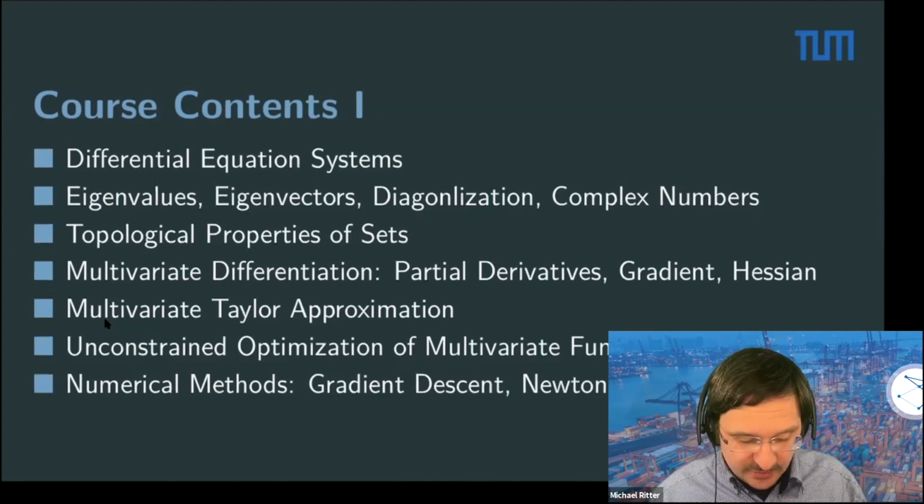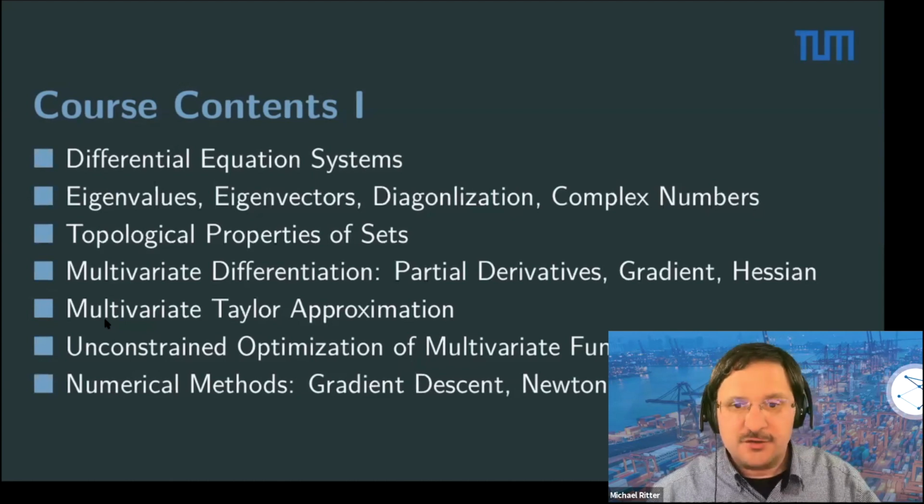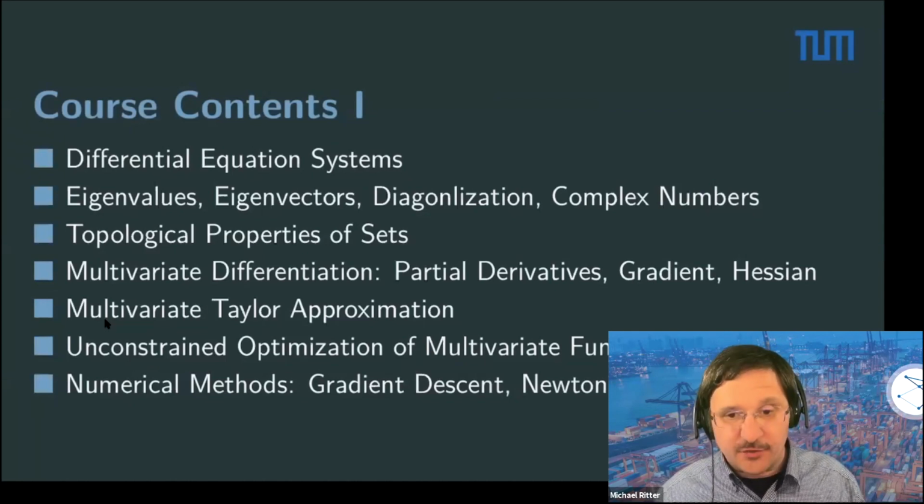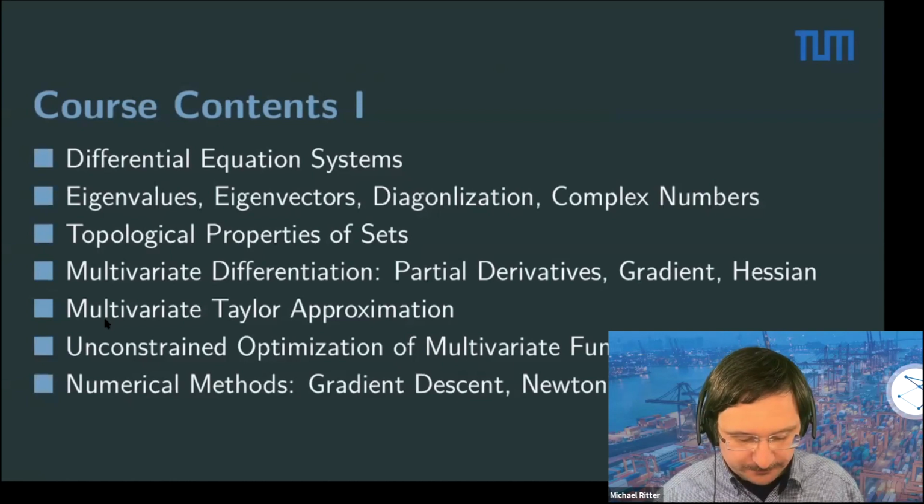And then we'll talk about multivariate differentiation. So we generalize differential calculus to higher dimensions. We mention things that are called partial derivatives and gradients, mostly a generalization of the first derivative. The Hessian, a generalization of the second order derivatives, and so on.